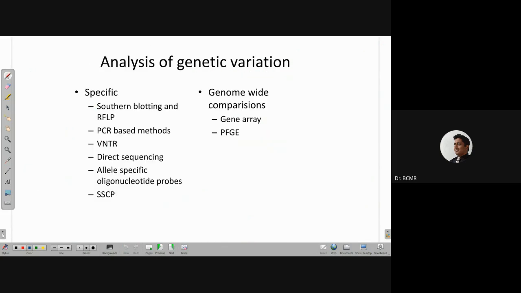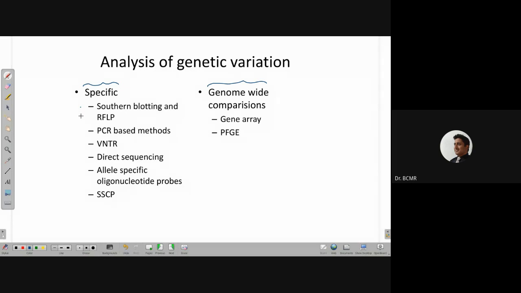Still, there are some techniques that are used. There are techniques which can find localized variations, and sometimes we can do genome-wide analysis as well.